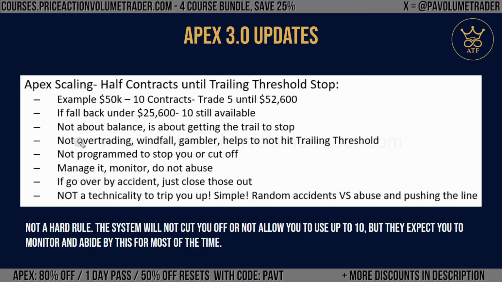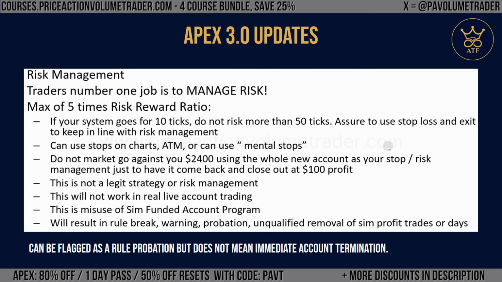This rule is meant to avoid overtrading, looking for a windfall, or gambling, etc. It's not going to stop you or cut you off. Just manage it, monitor it, but don't abuse it. So this is the new scaling plan that they're trying to implement.